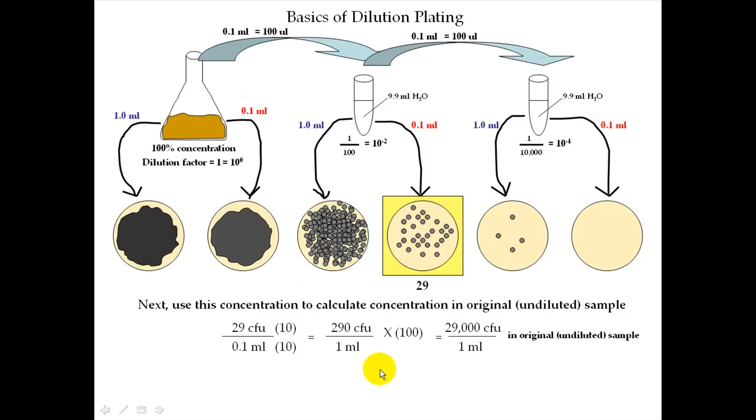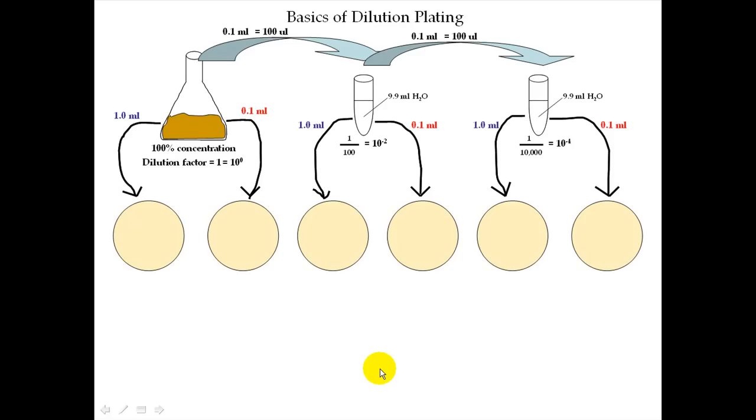Now, when you plated your dilutions, you were asked to label your plates like this. And by doing so, that basically gives you a quick and easy method of figuring out the concentration of CFU in the original sample. Basically, what these numbers represent is the total dilution factor on each one of the plates.